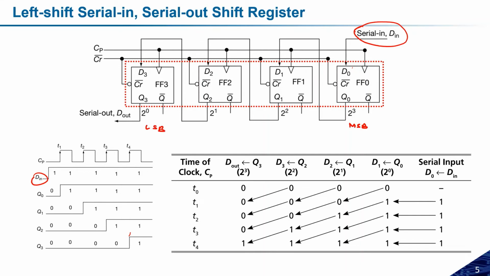We are providing input to the MSB and taking output from the LSB. Now if I have to make the right shift register, then what will happen? I have to take out the data from the MSB side. I am saying opposite.